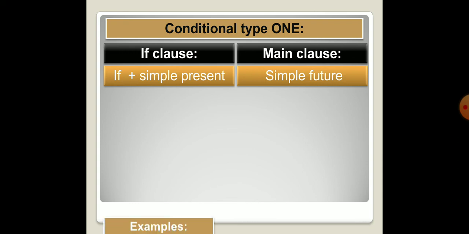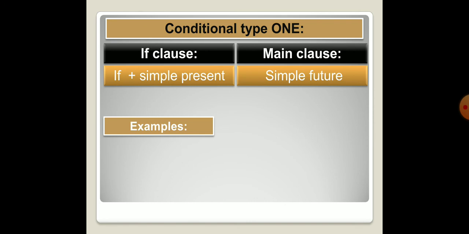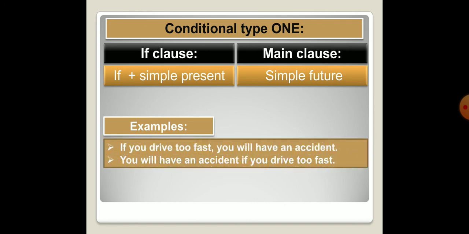Let's have examples. If you drive too fast, you will have an accident. Or we can start with the main clause and say, you will have an accident if you drive too fast.